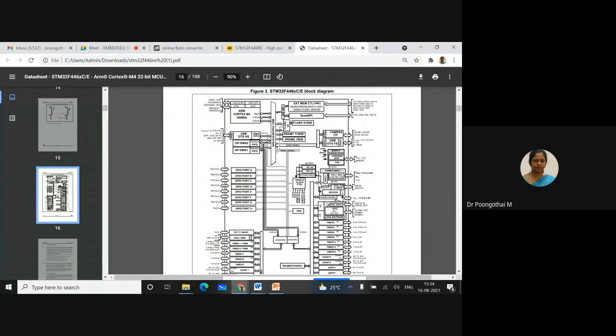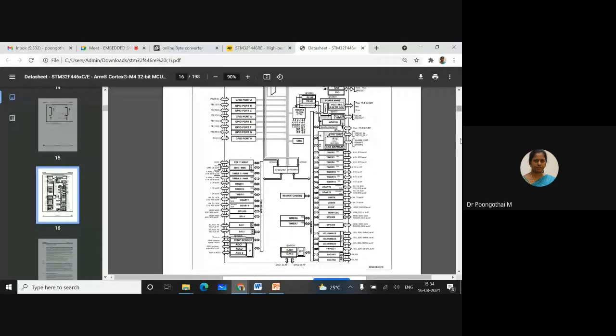Based on their requirement, they can integrate all the units to this ARM Cortex processor. This part is taken from ARM; all the implementations are done by ST Microelectronics.